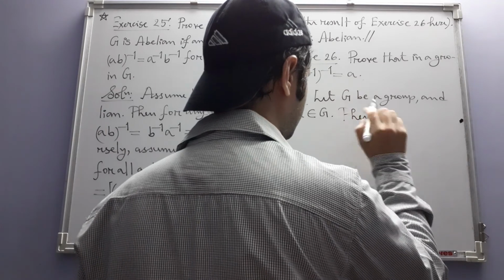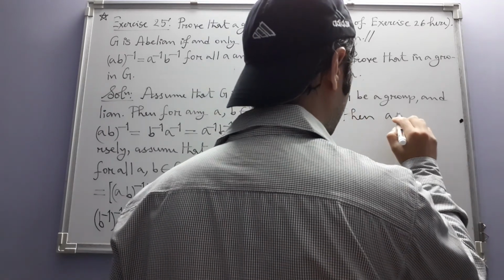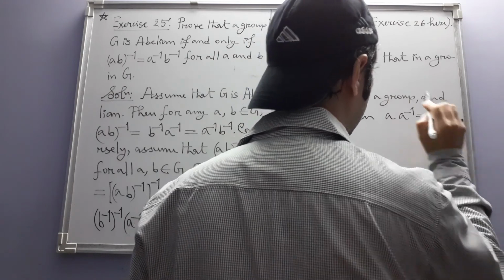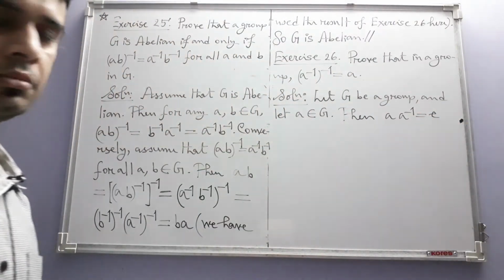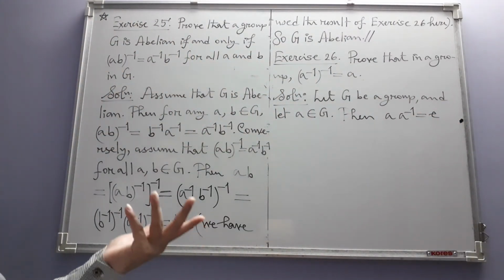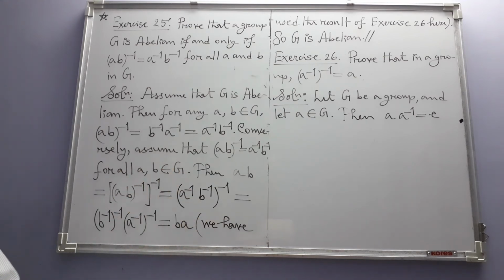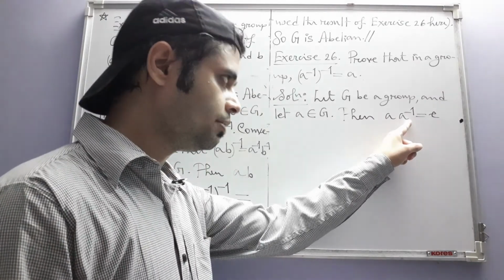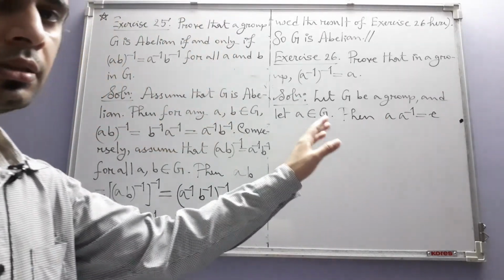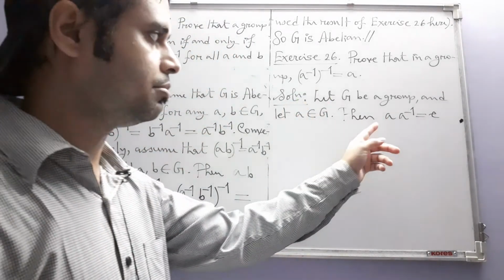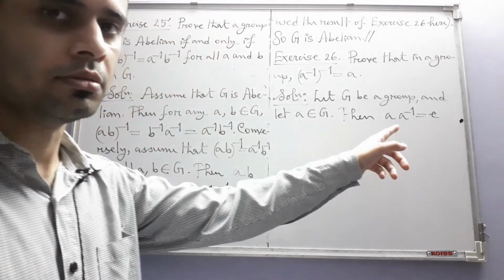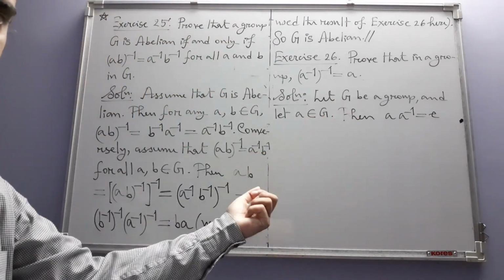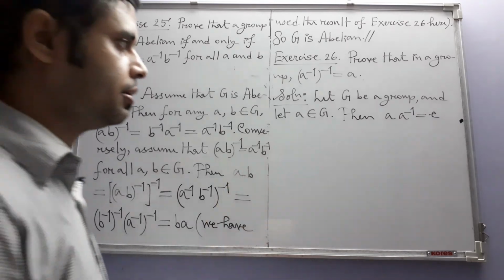Then A times A inverse is equal to identity by the property of inverses. In fact, from the definition of inverses, an inverse of this element A is an element for which this is true. The other equation is also true, A inverse A is also equal to identity, but we don't need that here.